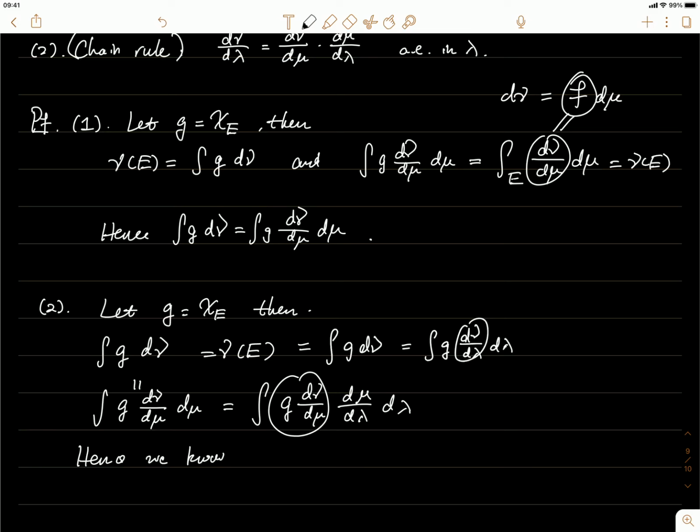So this is the Radon-Nikodym derivative of nu with respect to lambda. So that shows that these two must be equal, since they are equal for any G, and this G can always be the characteristic function of E. So we know that d nu d lambda is equal to d nu d mu times d mu d lambda almost everywhere in lambda, because for any measurable set E, these two integrals are the same. Okay, so that means these two are actually the same.